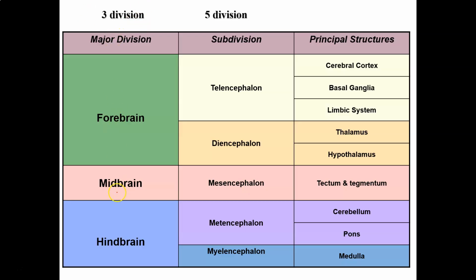They are forebrain, midbrain, and hindbrain. And just to give you an idea, in case you're unfamiliar with it, fore means the front, hind means the back, and mid is sandwiched in the middle. Okay, so the forebrain would be closer to your head, hindbrain would be closer to your spinal cord, and midbrain is sandwiched in between.